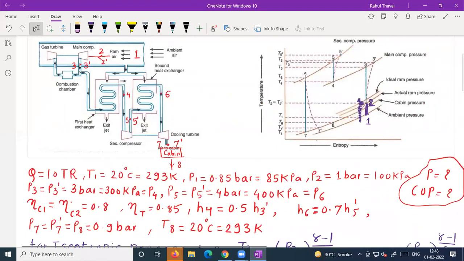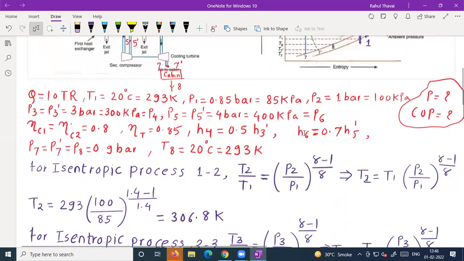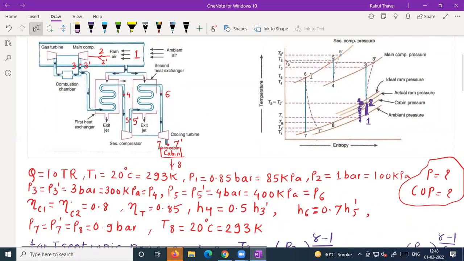Now again, 6 to 7. 6 to 7 is an isentropic process. Since I have calculated the temperature at point number 6, now I should know the temperature at point number 7.